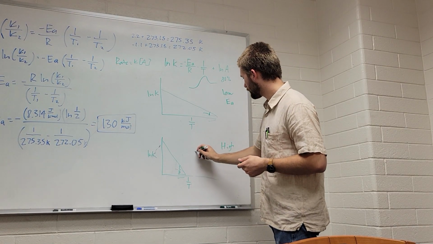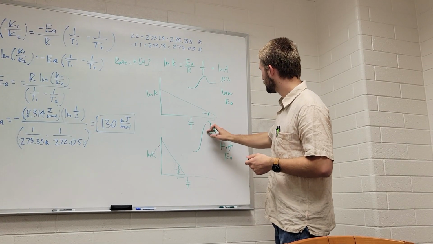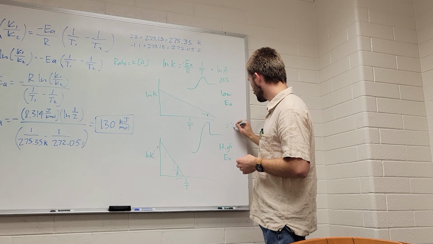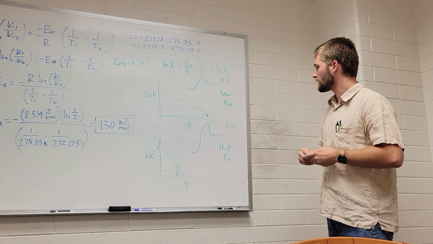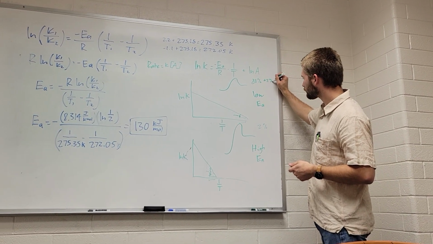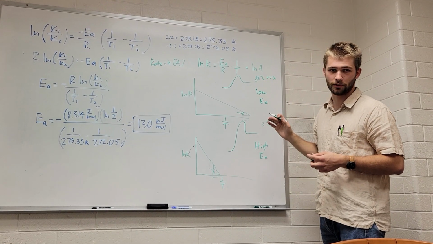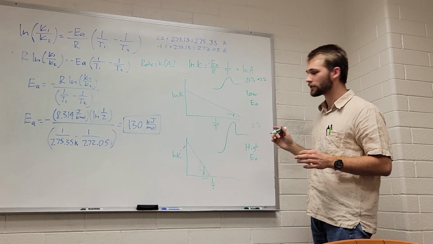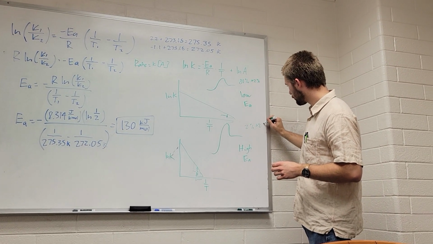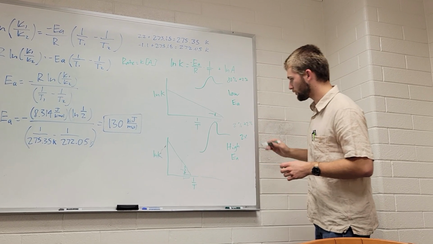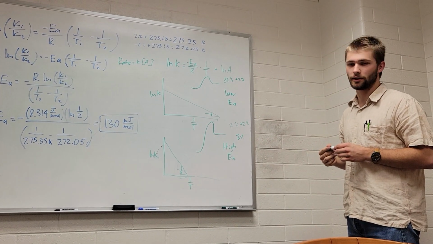This one, we got a high hump here, energy of activation, so maybe only 2% of the molecules can already do it. So if you increase the temperature and 2% more of the molecules can go over the hump, that's hardly even a noticeable difference for the low one. But for the high one, if 2% more of these molecules can get over the hump, you just doubled the rate. You just doubled the number of molecules that can get over the hump.